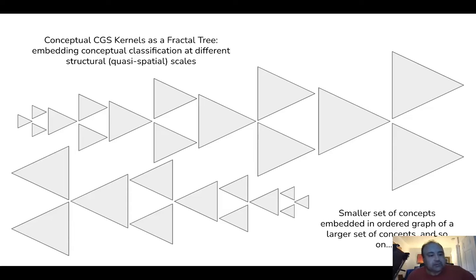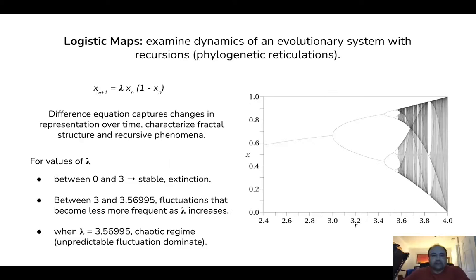We know that there are representations in the brain, for example, that are of different scales, local, global. We also know that space can be integrated in that way. You observe things locally in space, you observe things globally in space, and they're different representations and they have different meanings. So this is another way of getting at these ambiguities in meaning and in the world itself. Smaller sets of concepts are embedded in ordered graphs of a larger set of concepts, and so on and so on. So this is fractal.